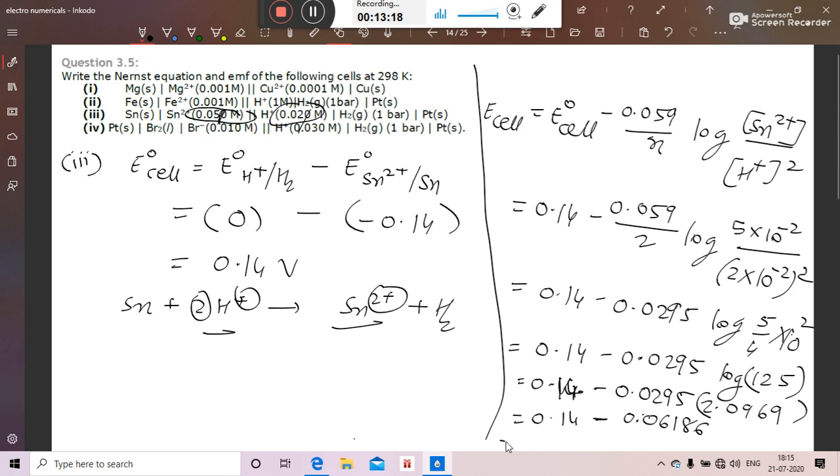So when you subtract the two, you will get 0.07814 volt. So this is our answer, 0.07814 volt.